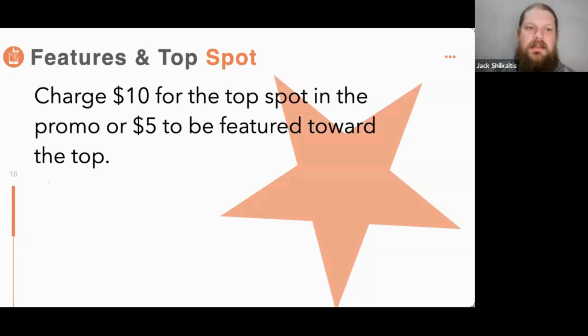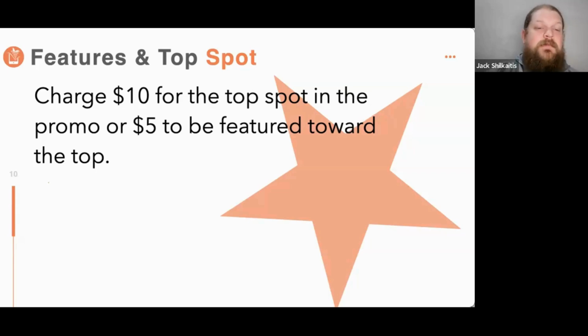Again, this could be instead of the minimum buy-in, right? You don't have to do the minimum buy-in. You could do this instead, or you could charge this in addition to, right? So if you have a minimum buy-in, this could be an option for some authors. So maybe everybody has to chip in $5. And if you want to be on the top spot for the month, then you're going to chip in an extra 10, right? And you see how some authors get to choose whether or not that's something they want to contribute to.